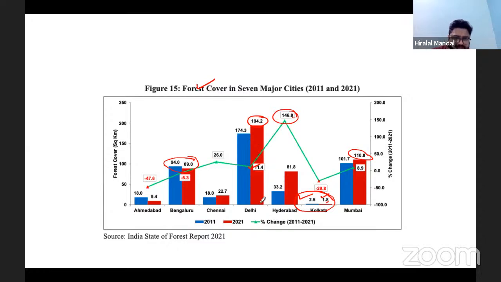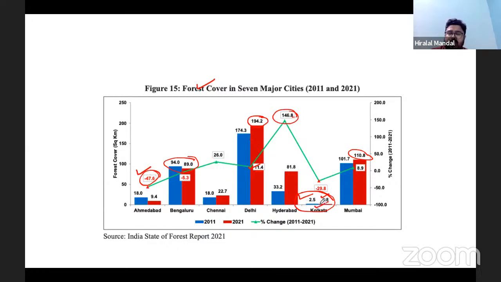The two things that you can see in the data: in Ahmedabad, the forest cover has gone down from 18 square kilometers to 9.4 square kilometers. It means rapid urbanization is going on. Infrastructure is being continuously created, and for the creation of such infrastructure, trees have been cut in such cities.